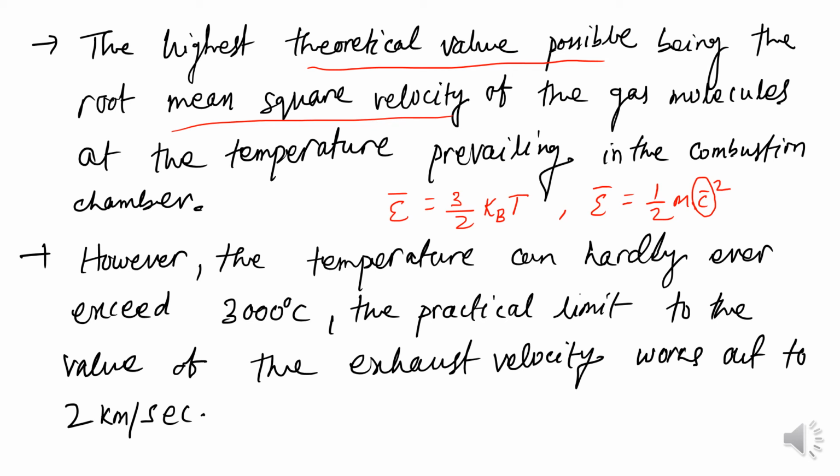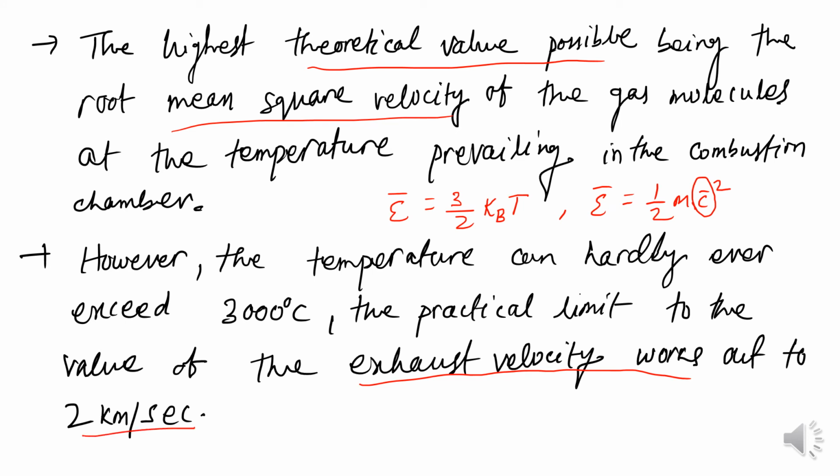So here the temperature can be calculated, and practically it will not exceed 3000 degrees Celsius. The practical limit to the value of the exhaust velocity works out to be 2 km per second.